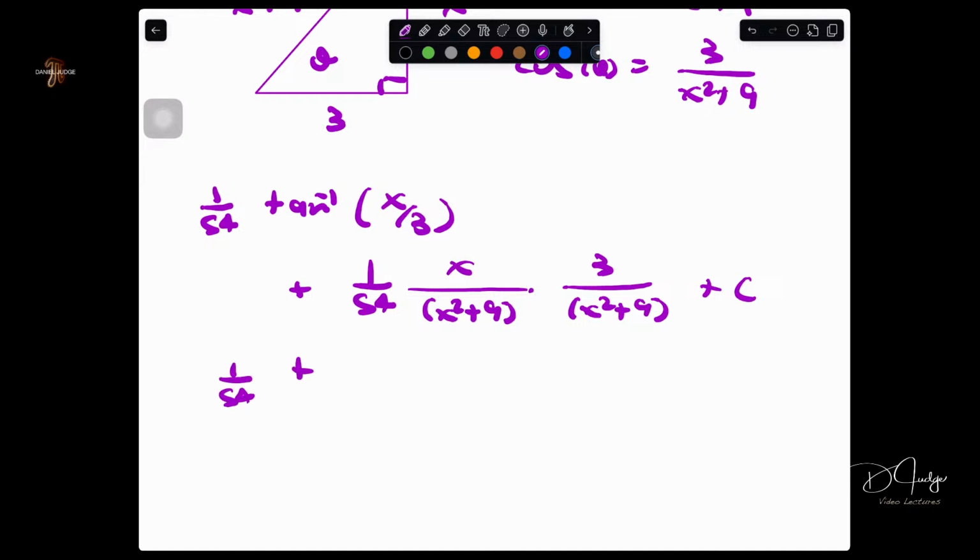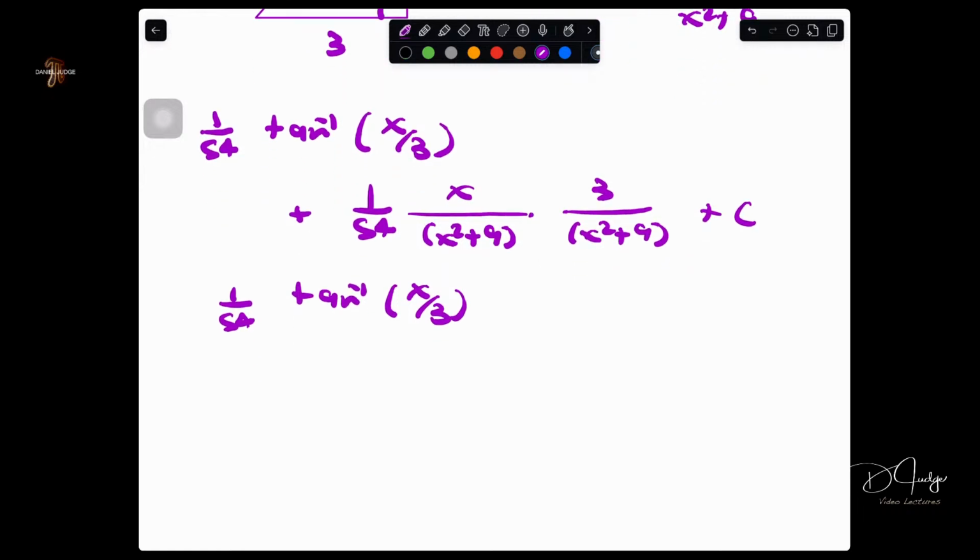So you get 1 over 54 inverse tangent x over 3 plus 54 divided by 3, ladies and gentlemen. It looks like it'll be 18. 1 over 18 times x over (x squared plus 9).